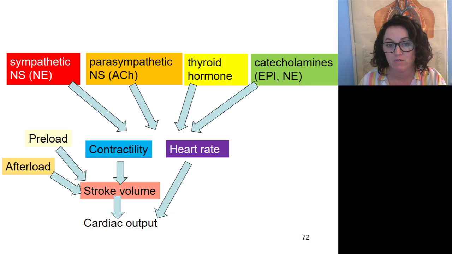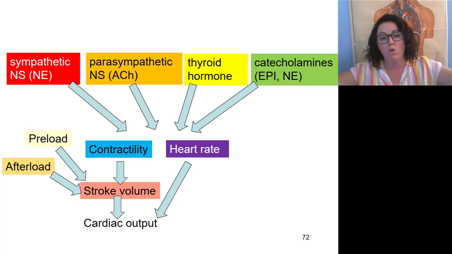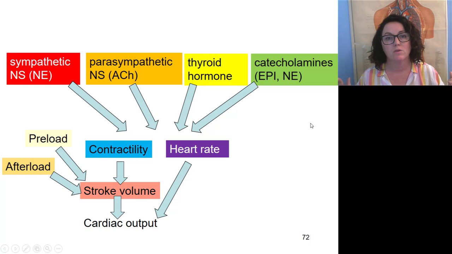So the sympathetic nervous system, the parasympathetic nervous system, thyroid hormone, catecholamines, those are going to affect both contractility and heart rate. And we know all of this. So we know what affects cardiac output. So we've already studied all of this. If you want to review any of this information, you can go back and rewatch our video on heart regulation or stroke volume, and both of those will cover these topics.